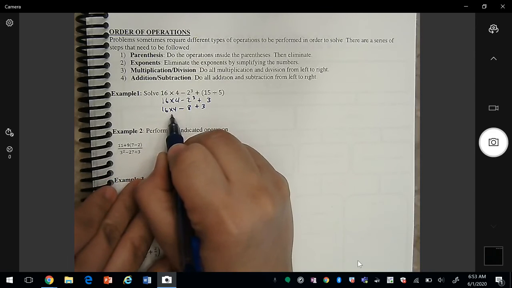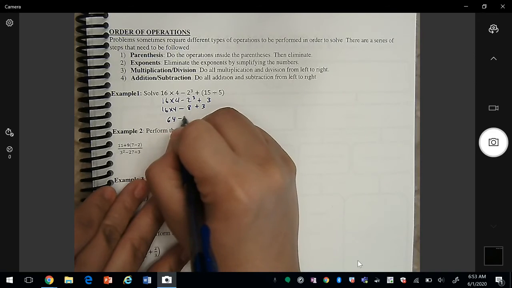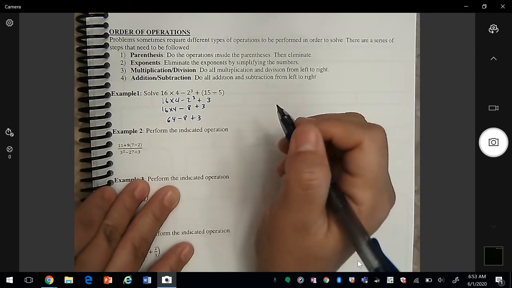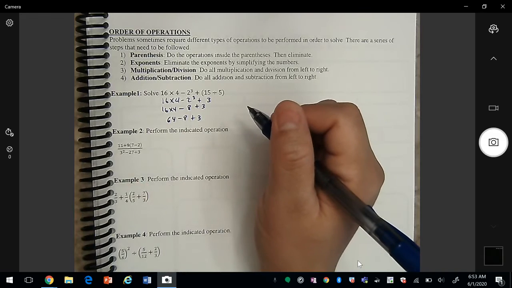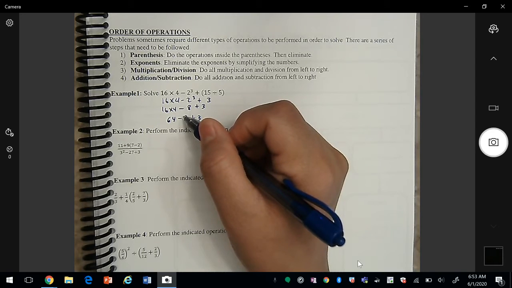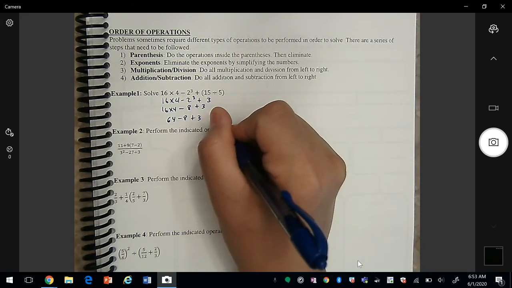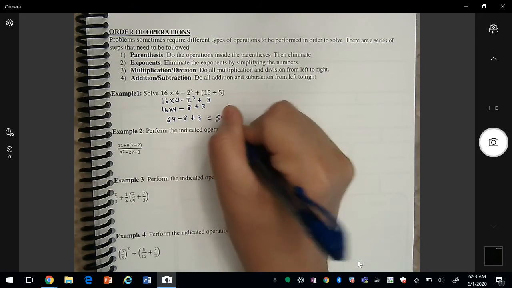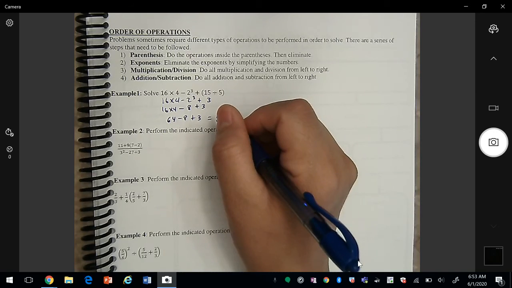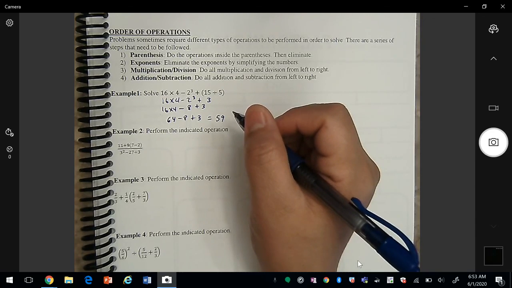Then we have multiplication, 16 times 4, 64. And then we have 64 minus 8 plus 3. So we would do subtraction first. So we get 56, plus 3 is 59.